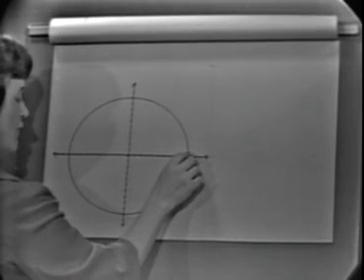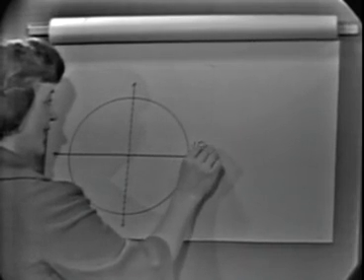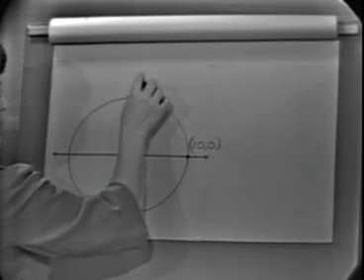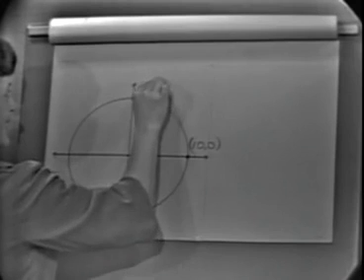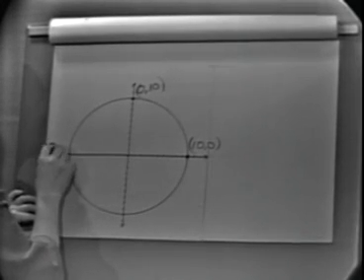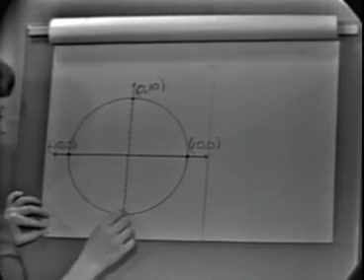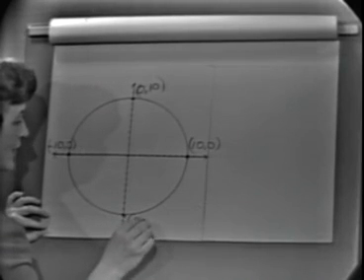First this one, which would be 10, 0. This point would be 0, 10. This point would be negative 10, 0. And this point would be 0, negative 10.